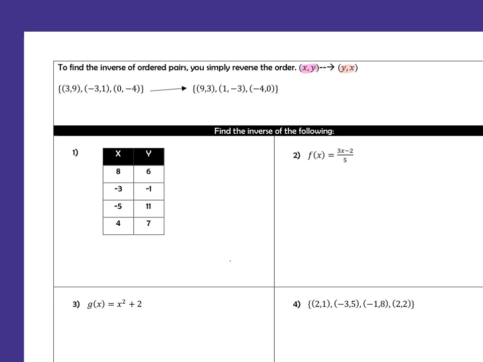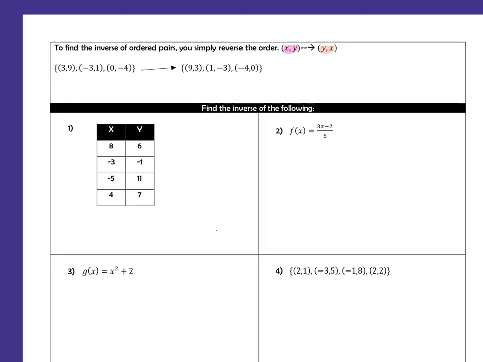So I just switched the x and y, which we already know. So if my function was 3, 9, negative 3, 1, and 0, negative 4, my inverse function would be 9, 3, 1, negative 3, and negative 4, 0. I just switch it. So anything that would give me an ordered pair, such as a table, a mapping, or a set of ordered pairs, all I do is take my x and my y and switch it.